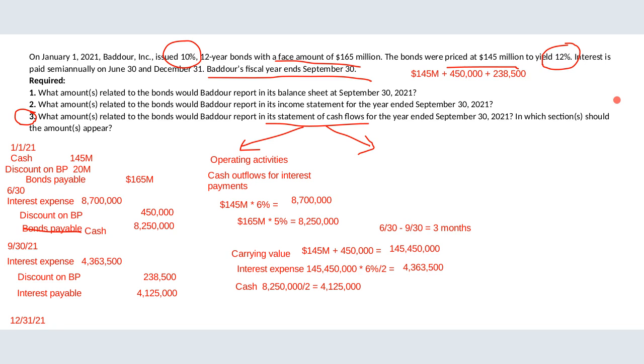And so that amount that we would report will be 145,688,500. Maybe someone can confirm that for me. So this answers number 1.